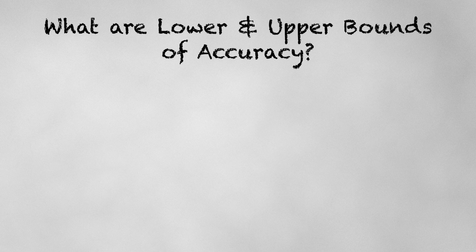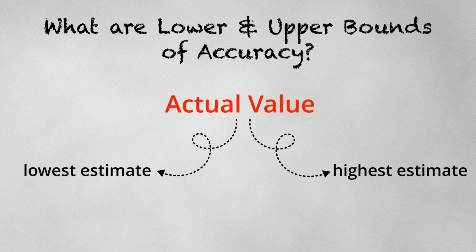Alright. Now, starting with lower and upper bounds of accuracy. What are they, really? Whenever we measure something or even round a number, there's always a tiny bit of uncertainty. The lower bound is the smallest possible value the original measurement could have been and still round to our given number.